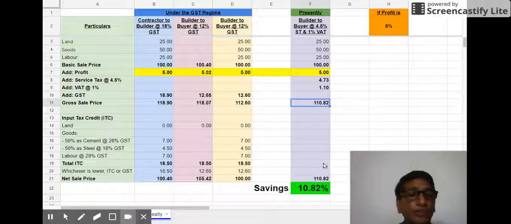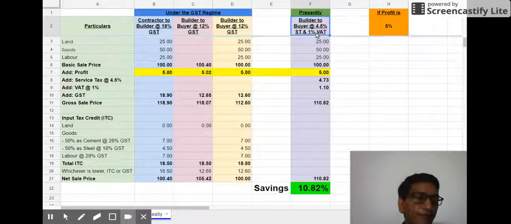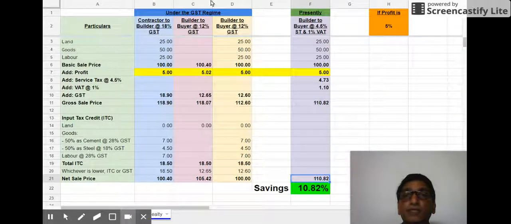There is no input tax credit in this method. Almost all the buyers are following this method. They are not taking the benefit of input tax credit and are applying this lower rate of service tax and VAT. So the price to the buyer in the current situation comes to 110.82, keeping all the assumptions the same in order to compare on an apple to apple basis.